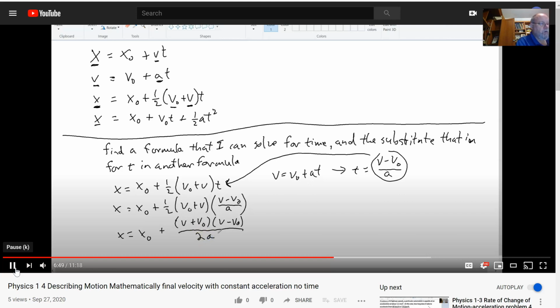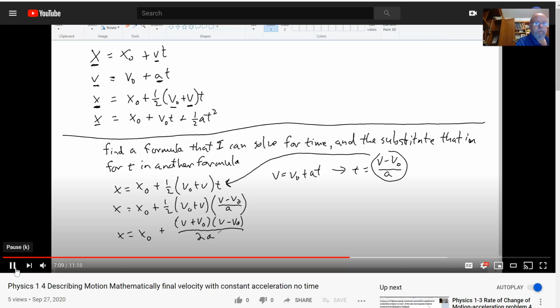Okay, so the first thing I'm going to do is rearrange this, and ultimately I'm going to get my final velocity on one side and everything else on the other side.